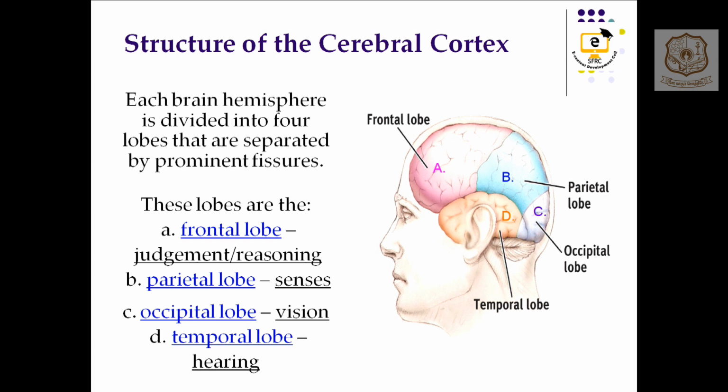Your cerebral cortex has four lobes: frontal lobe, parietal lobe, occipital lobe and temporal lobe. Your frontal lobe is prominent for thinking, judgment and reasoning. It is the major part of the brain, constituting one third of it, and it is very important for judgment, reasoning and thinking.